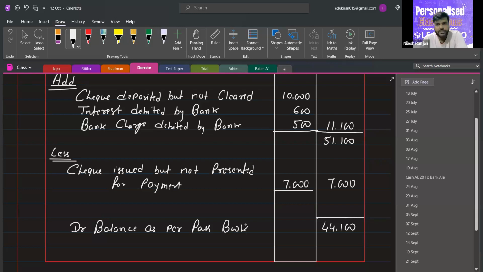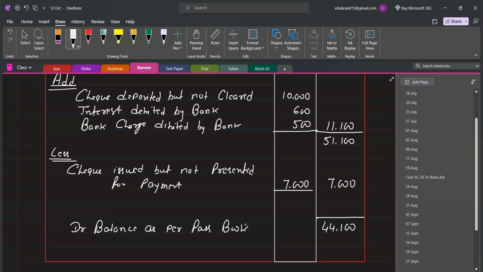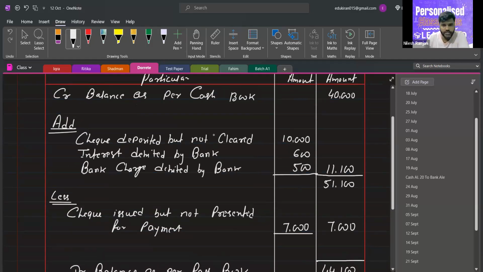Actually, in the first method, we have to write the starting point as negative. In the previous part of this question, I told you that we will write this 40,000 in negative.